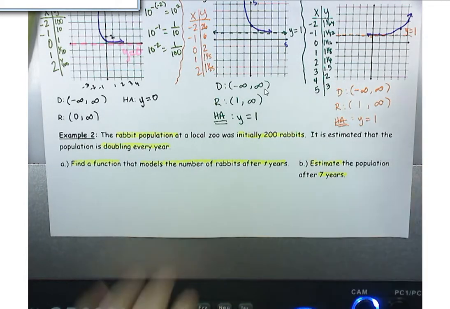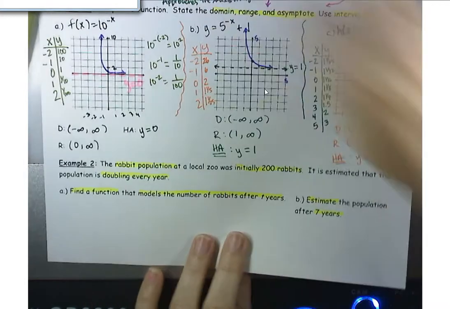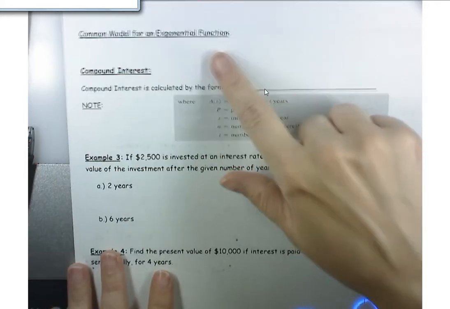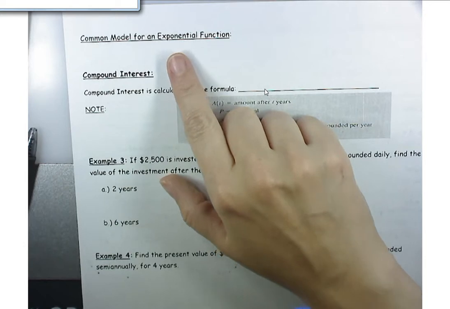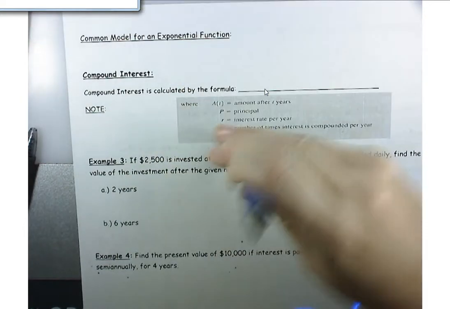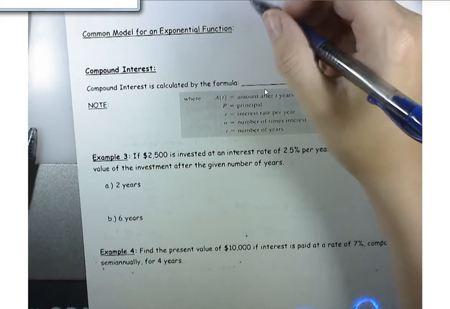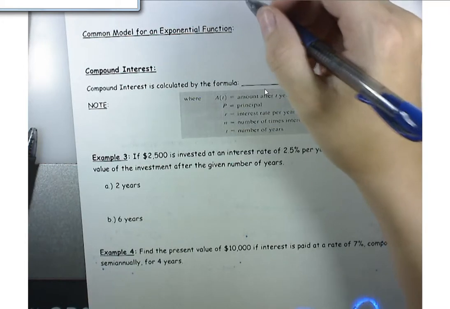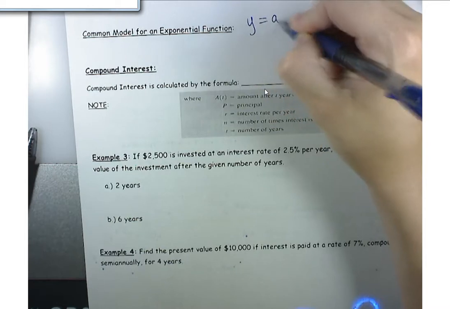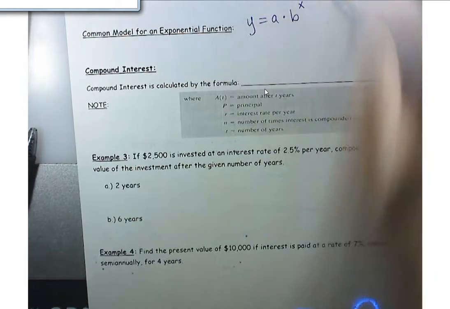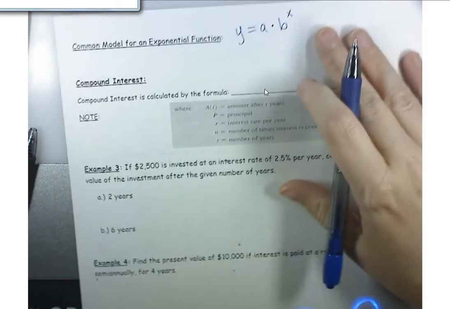Okay, now I apologize because I really should have put this little thing before I did that example, so we're going to flip to the back and do this. The common model for an exponential function is not just y equals a to the x. What you'll usually see is y equals a times b to the x. Does that ring any bells from last year?